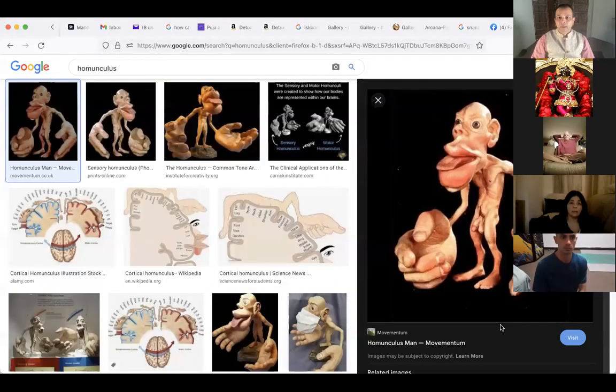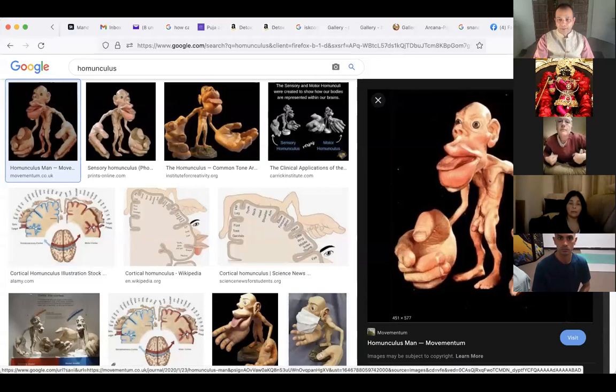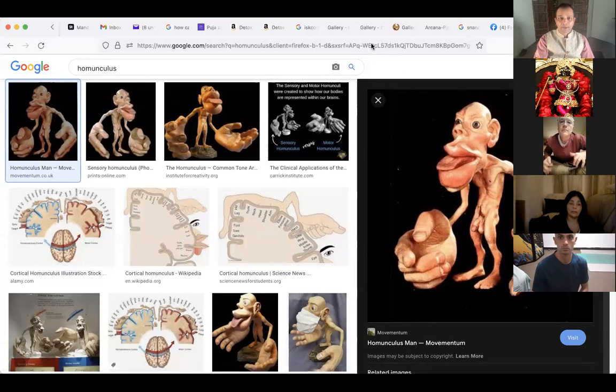Let me share the screen and show you this very quickly, and then we'll get started. Here is Mr. Homunculus. As you can see, this is a very odd looking person, he has very big hands and a very big mouth. It's a very funny picture.